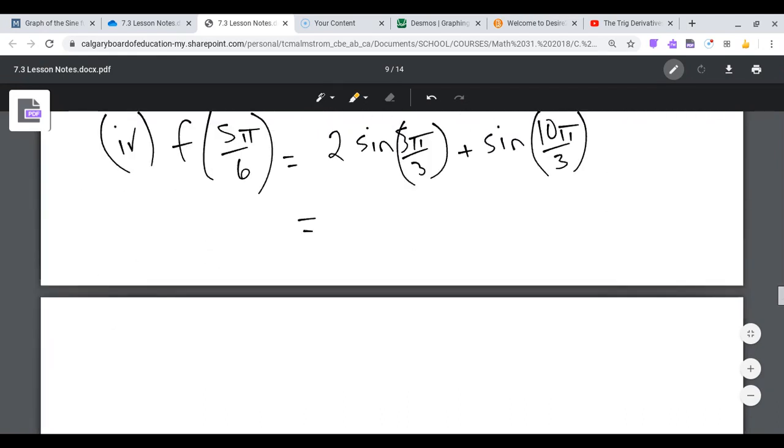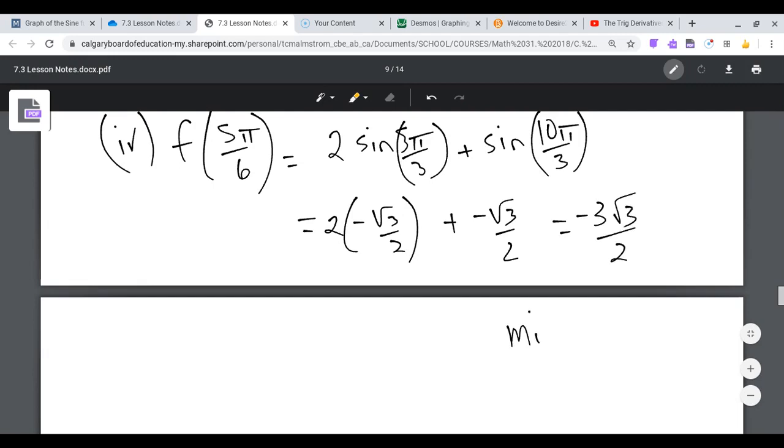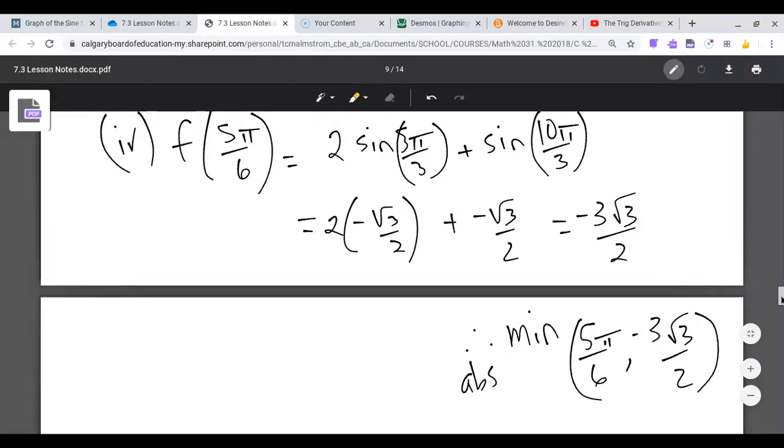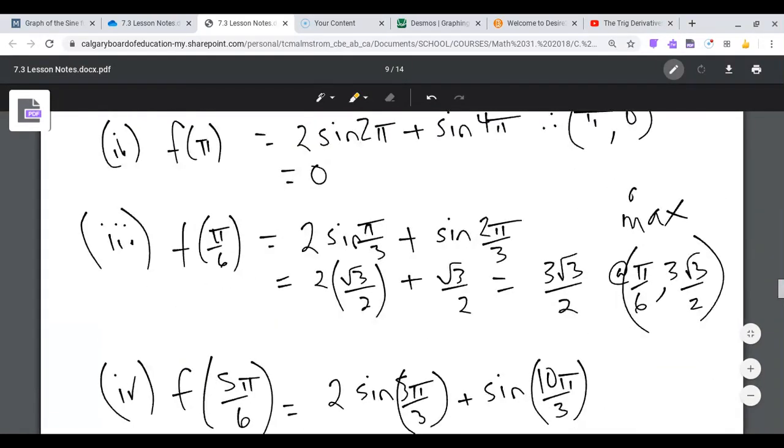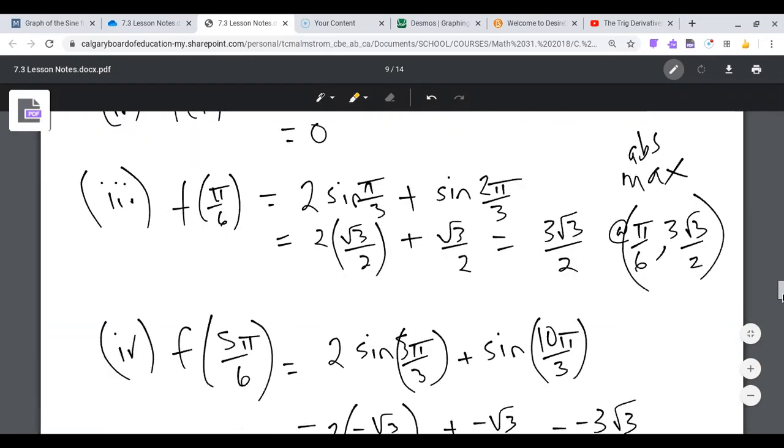So sine of 5 pi on 3 is negative root 3 on 2, and sine of 4 pi on 3 is also negative root 3 on 2. And so this is going to give me negative 3 root 3 on 2. So I have this absolute min happening at 5 pi on 6 and negative 3 root 3 on 2. And that's an absolute for the domain that we were given. And the max is also an absolute for the domain we were given because we checked our endpoints.